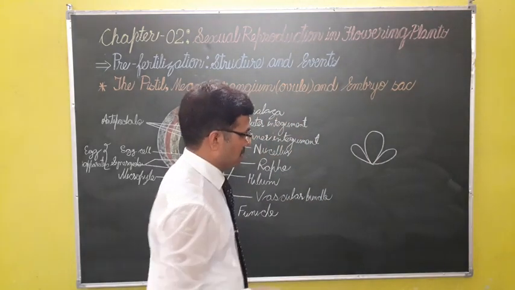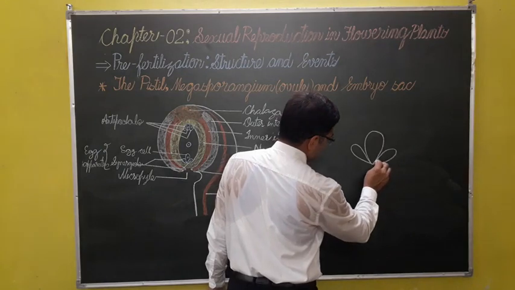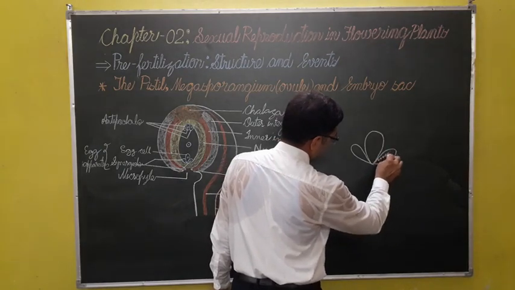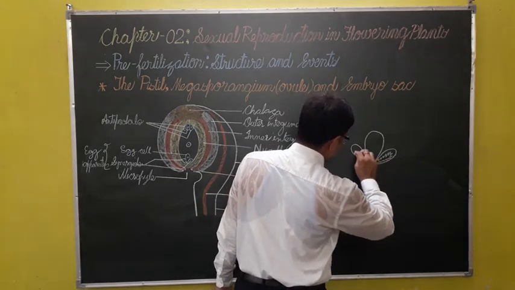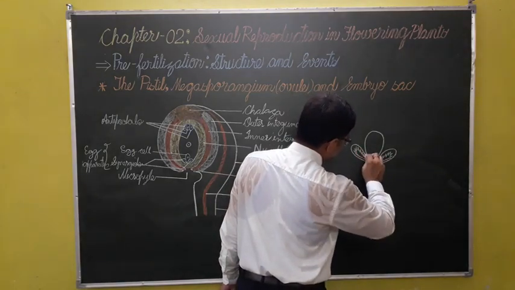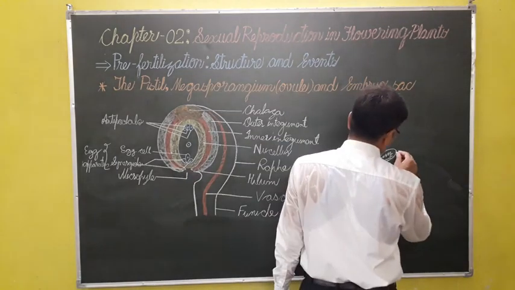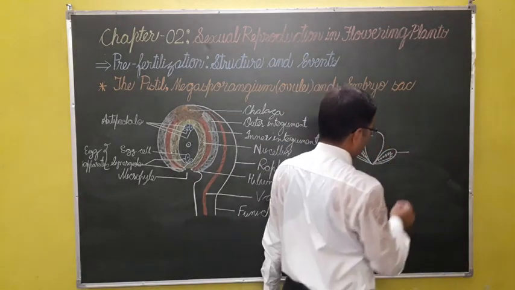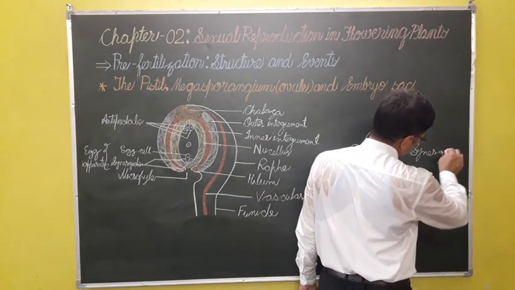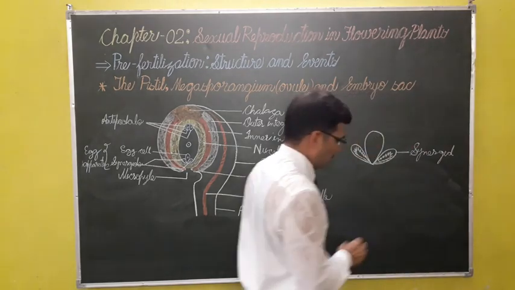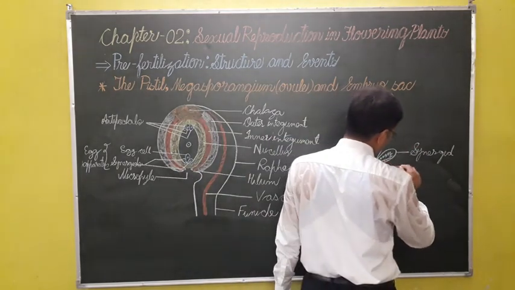And inside this, some cellular thickenings are found on the wall, which are called the filiform apparatus. These are actually found inside the synergids. So this is the synergid. And this is what? This is the filiform apparatus.